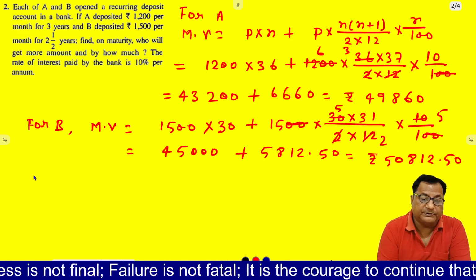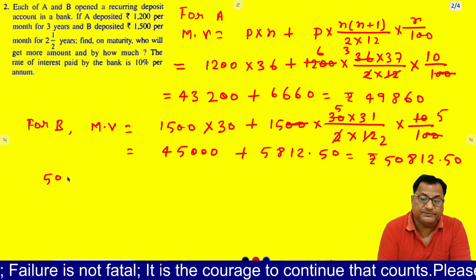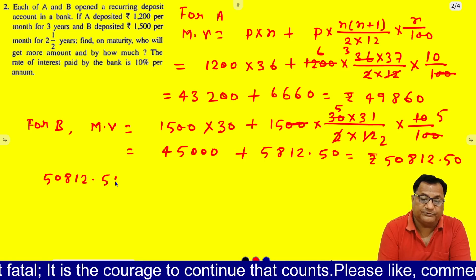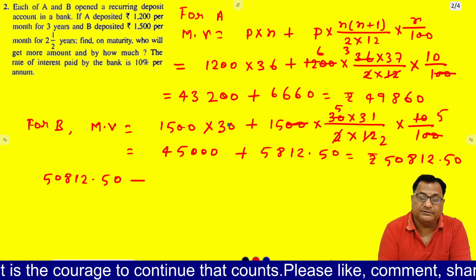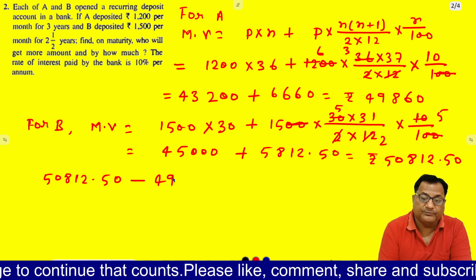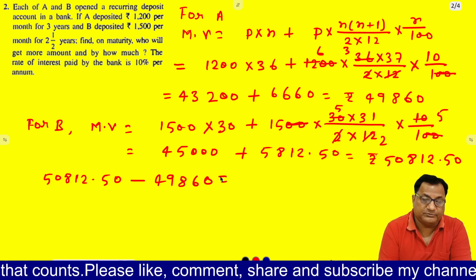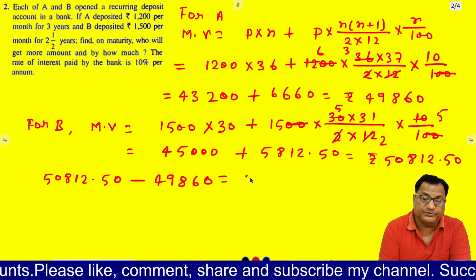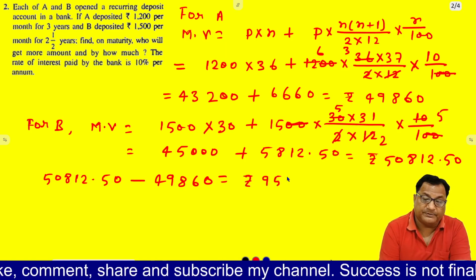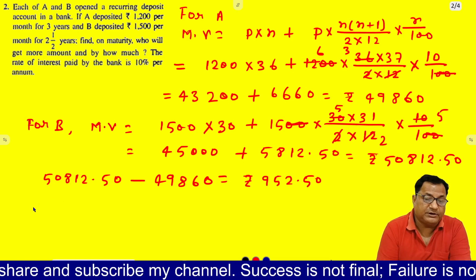If we subtract 5812.50 minus this maturity value 49,860, it equals rupees 952.50.